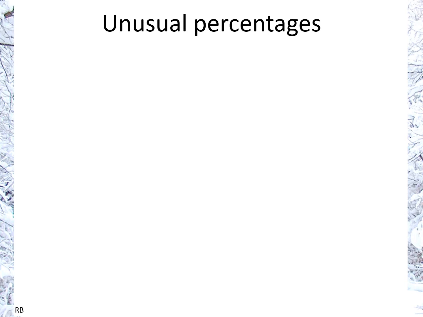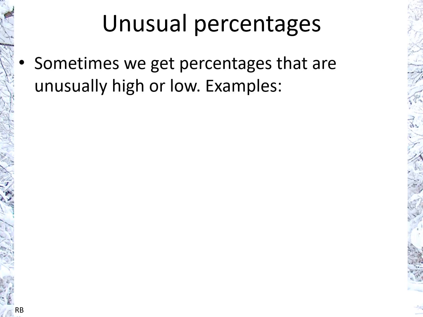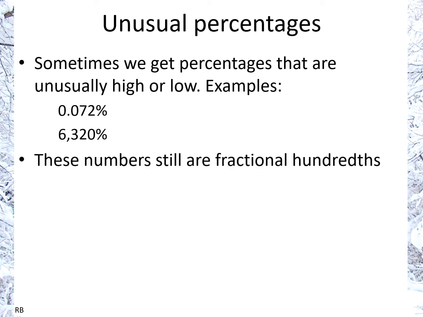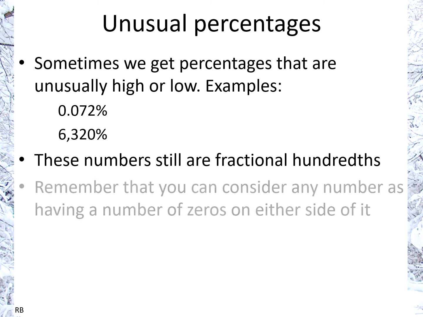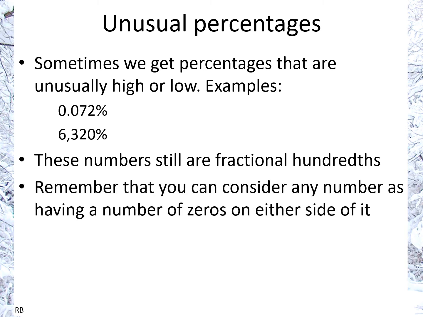We run into unusual percentages, so some that are unusually high or low. So for example, we'll have 0.072% or 6,320%. These numbers are still fractional hundredths, and to translate them into normal numbers, you can always remember that you can consider any number as having a number of zeros on either side of it, to the left of the number and to the right of a decimal space.